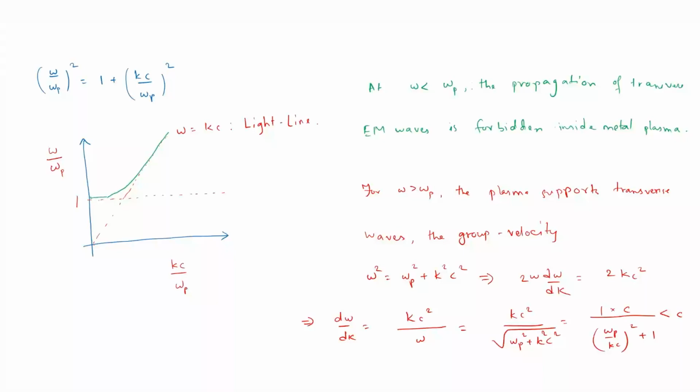So the plasma can support transverse waves propagating with a group velocity given by c upon the square root of omega p over kc whole square plus 1.